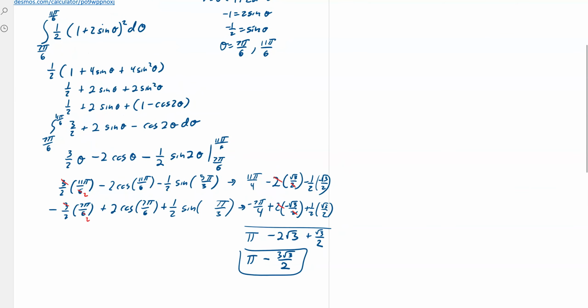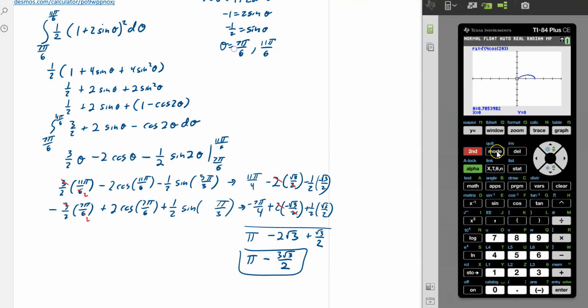This is why we get to use a calculator to verify this. So second calc, math, and then we're going to do math 9. And we go from 7 pi over 6, so 7 pi divided by 6, to 11 pi divided by 6. And we plug in our 1/2 parenthesis, 1 plus 2 sine theta, parenthesis squared.